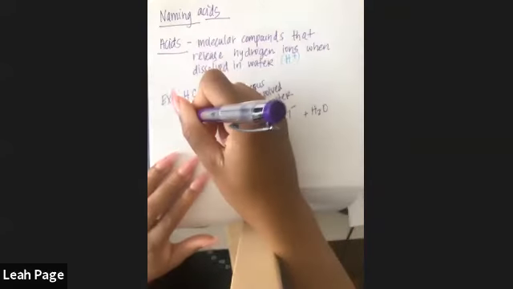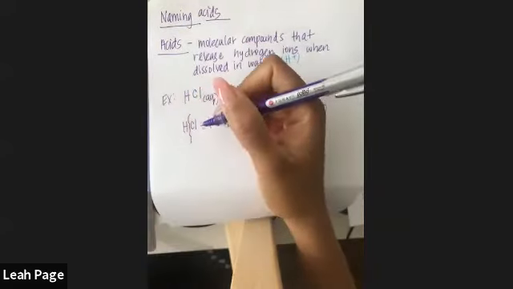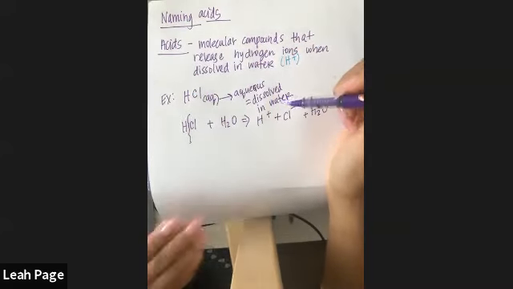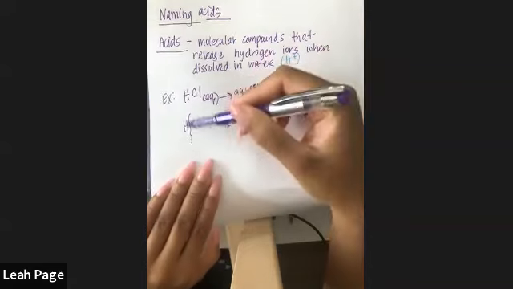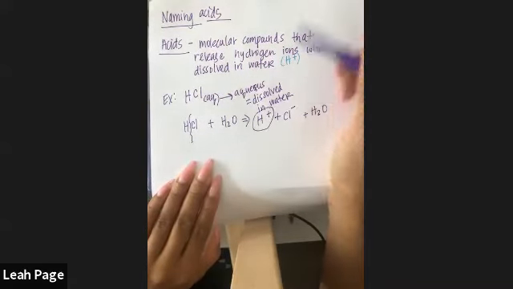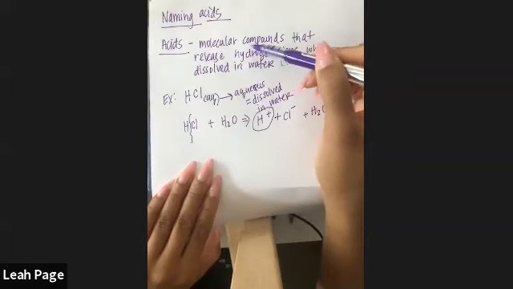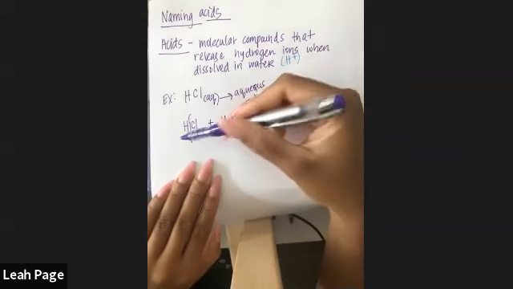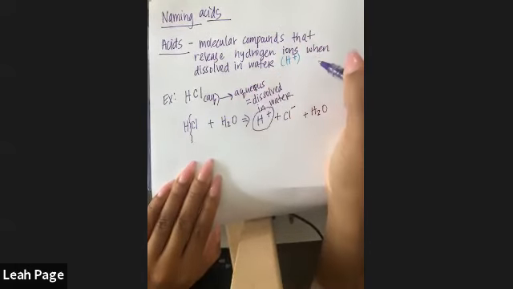So this HCl dissociates, and dissociates just means it breaks apart into its individual ions. In this case, I'm going to get a hydrogen ion, and that's what I mean by an acid. An acid is when you have a molecular compound, which usually involves a hydrogen in the front that's bonded to another nonmetal.